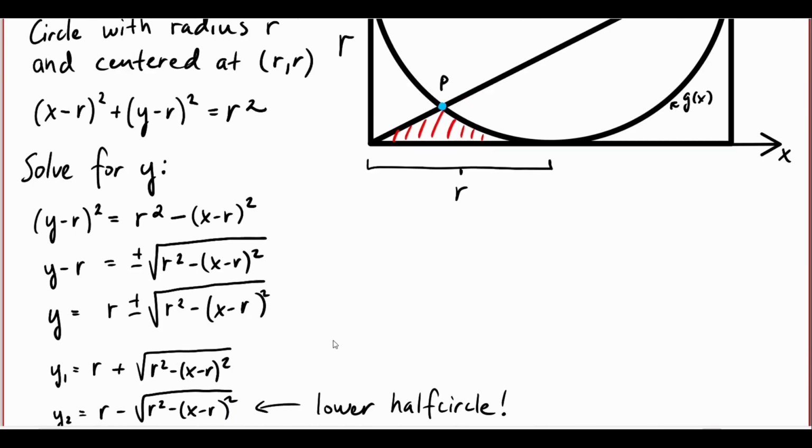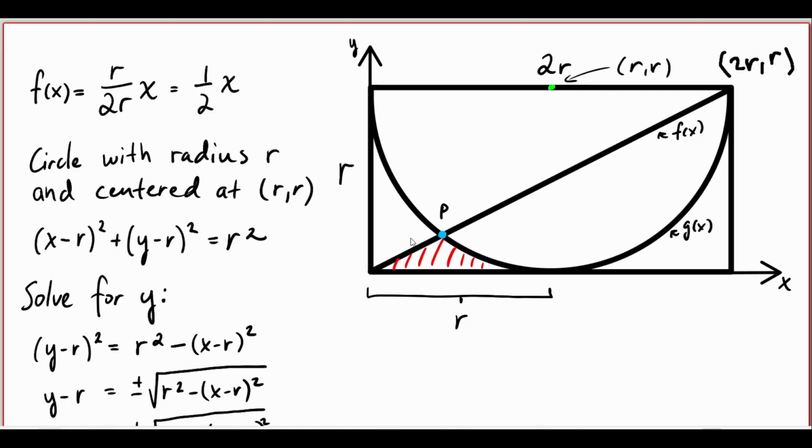Okay. So the next step is actually to find this intersection point because we want to use integrals to find the area. So this intersection point consists of an x and y value. And then we can integrate from here to this x value and find the area under this line here, under this line f of x.